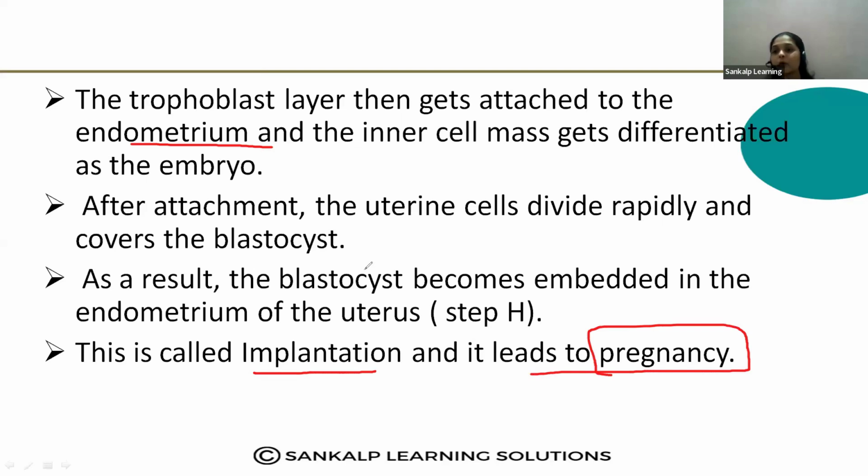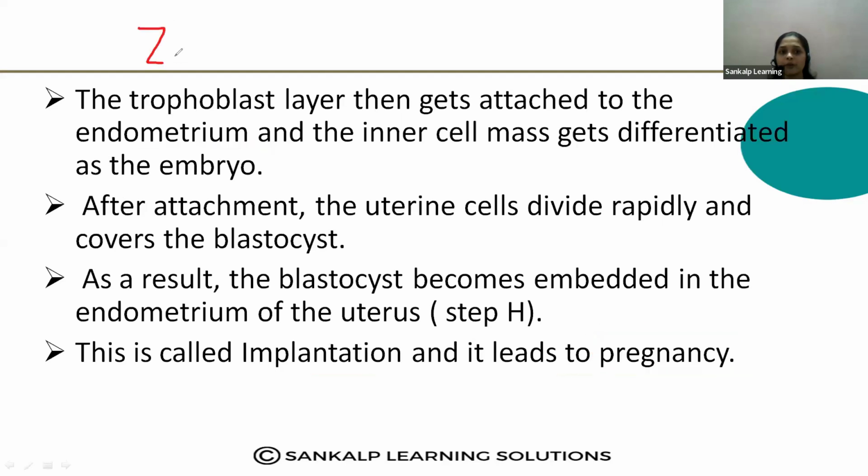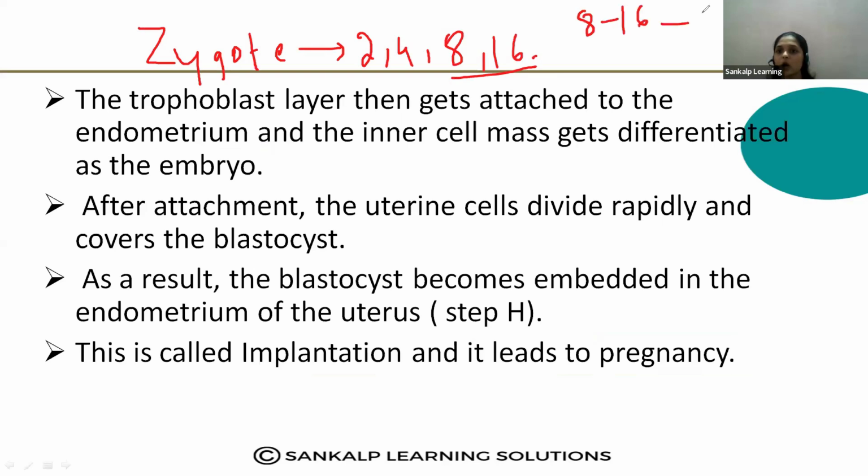Okay, so this is about the fertilization and the development of the embryo. How does the development of the embryo take place? The zygote will undergo the mitotic division and form the 2 cell stage, 4 cell stage, 8, 16 cell stage. Here we call the 8 to 16 cell blastomere a morula.